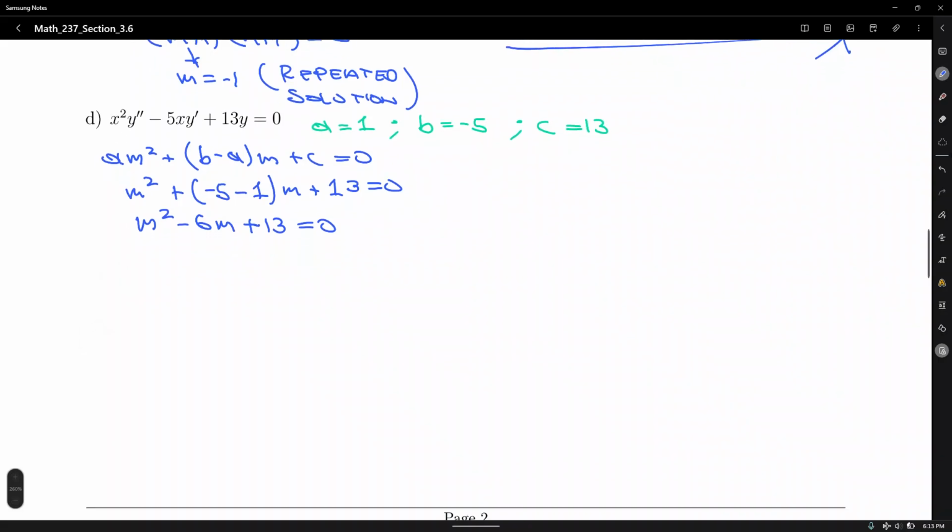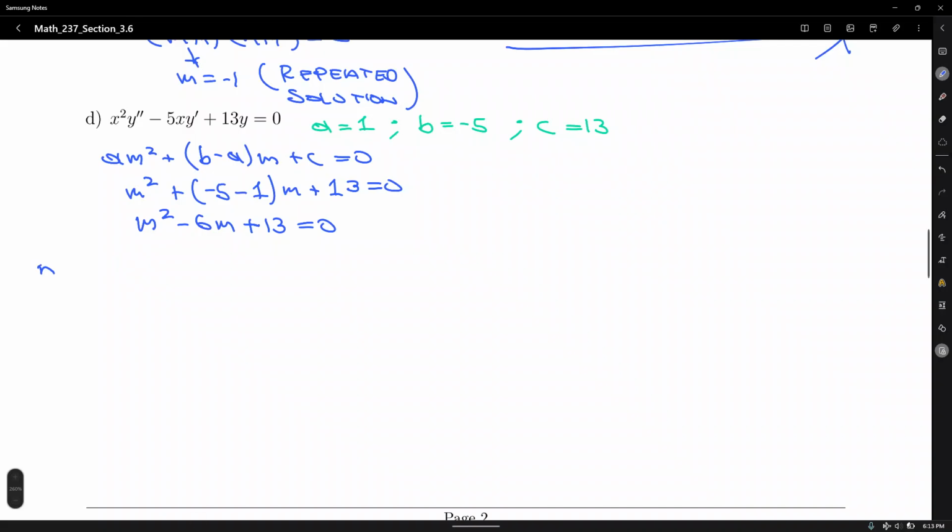Quadratic formula. I'm not going to write the quadratic formula here because we typically write it in terms of a, b, and c, and I already used a, b, and c for the coefficients of the differential equation. If I write the quadratic formula in terms of this a, b, and c, we may get confused and use these values, which are not the same.